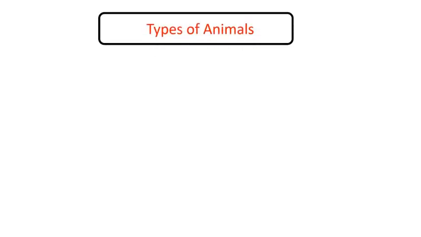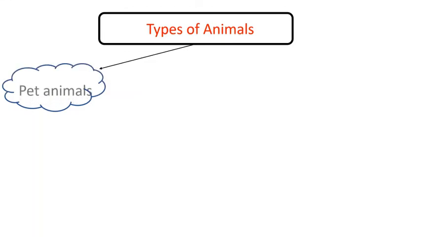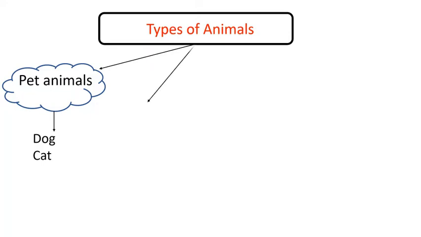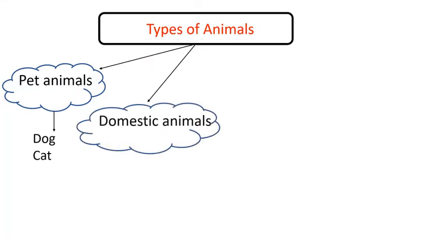Types of animals. Animals that live in our homes with us are called pet animals. We play with them and take care of them, right? For example, dog, cat, fish, parrot, etc. Animals that are helpful to us are called domestic animals.